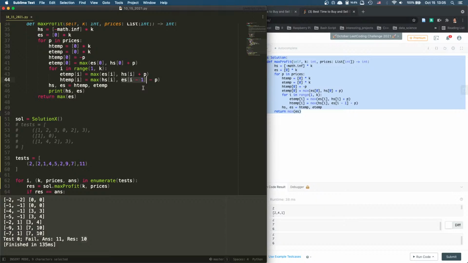Right, so it should be buy 1, so it should be minus 1. Look at this, minus 1, buy 1, and sell 4. We got 3, right? Buy 1, sell 4. And then we need to buy 2 and sell 9.